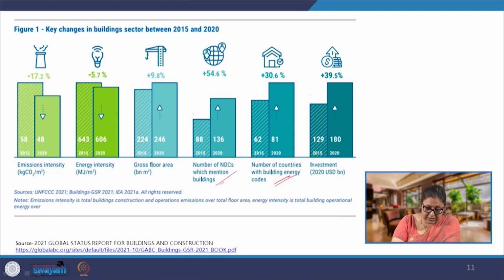If NDCs are increasing, automatically we would see a surge in building energy codes. So, more nations are coming up with mandated building energy codes, and we also see that investment is increasing, which means that the buildings and construction industry is here to grow even further. We are seeing a lot of investment going into buildings.